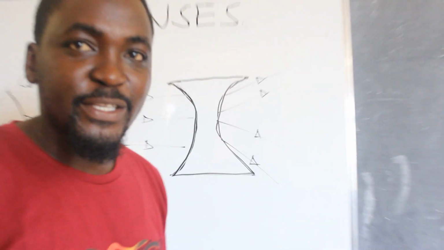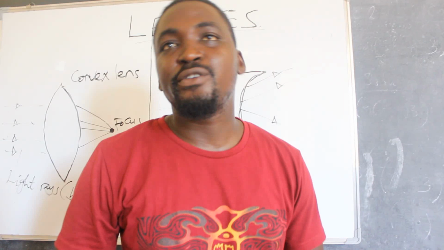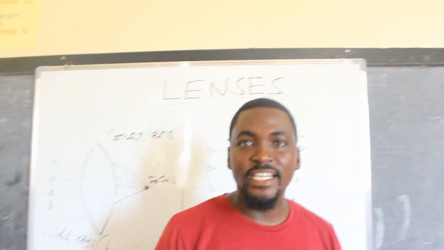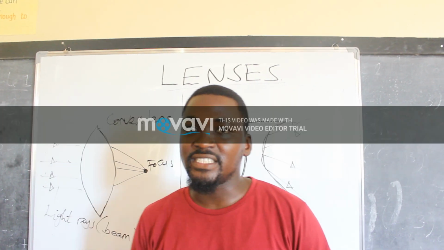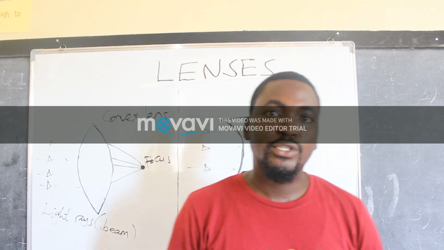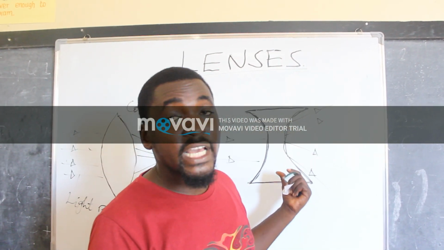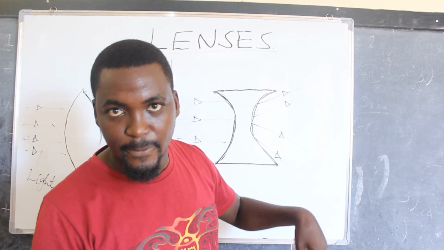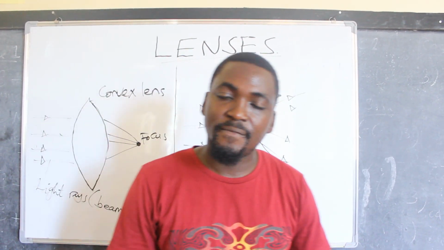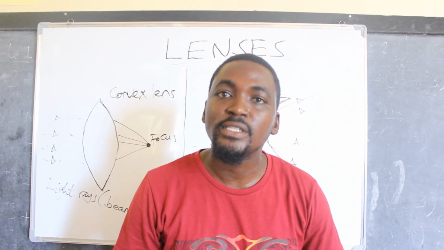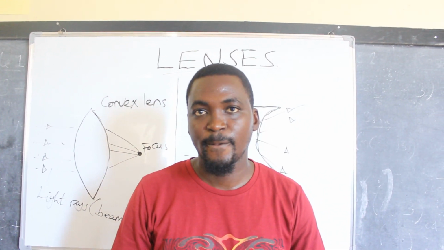Concave lens is used to disperse light rays in different directions. It does not collect the rays together in the way we saw on the convex. It is the vice versa. So that means when the light rays strike on the concave lens, they are dispersed. And the other function of the concave lens is to make the object look smaller than the normal size.